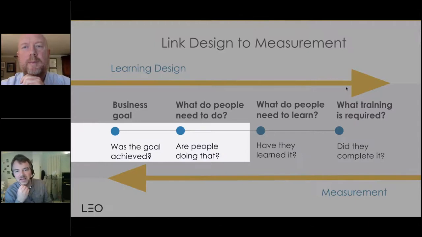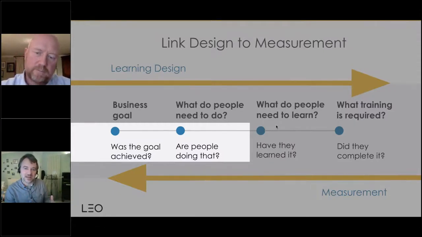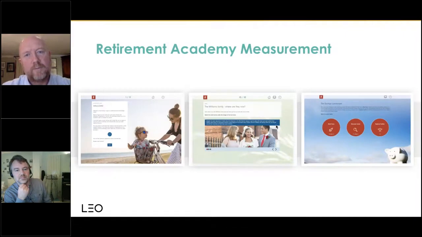So hopefully everything in your academy is ultimately pointing towards one business goal or one business area that you're looking to improve. And I think that gives it all focus, and it helps you make more sense of the data, because one of the things we struggle most with is having all of these measurement points off a very diverse range of courses, which could be aiming for very different things, and trying to make those comparisons. Whereas in an academy, hopefully you've got lots of things working in unison towards a single goal.